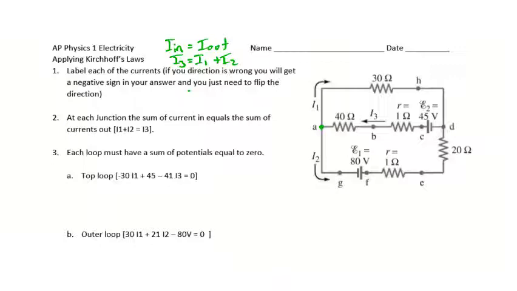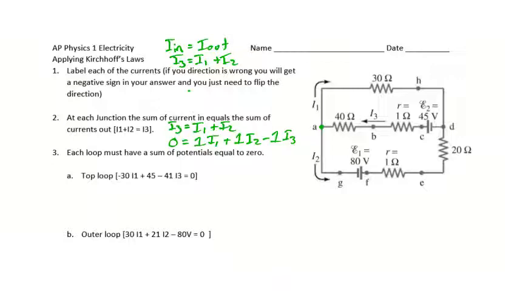So we have I3 equals I1 plus I2. I'm going to set it equal to 0, so 0 is equal to 1I1 plus 1I2 minus 1I3. And that is us applying the junction rule.